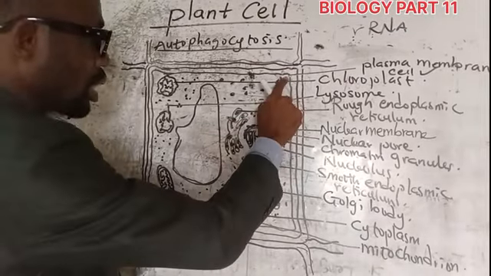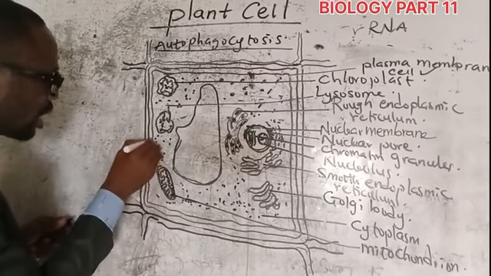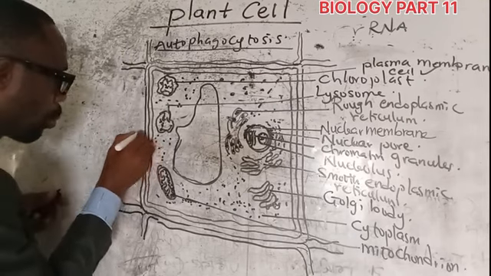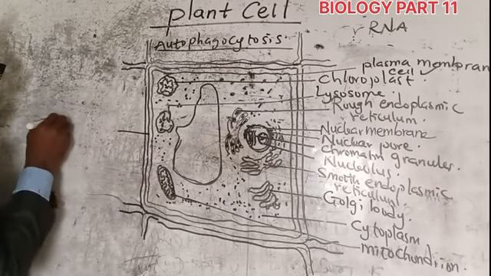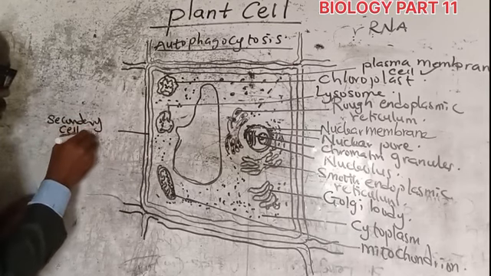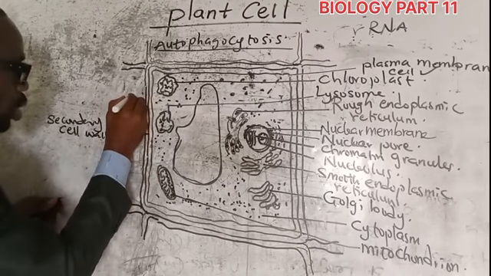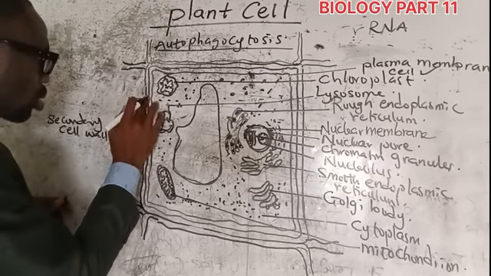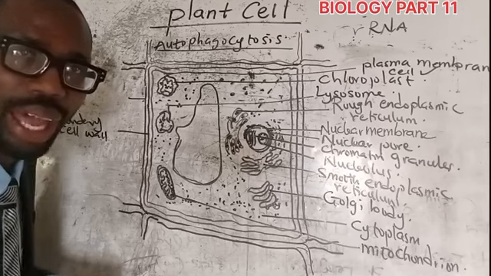Now we've looked at the cell wall and the plasma membrane. I want you to look at this side now. This is your cell membrane or plasma membrane, but look at this one. This is your what? Your secondary cell wall. Look at this second one. So you don't just draw and label whatever you like.